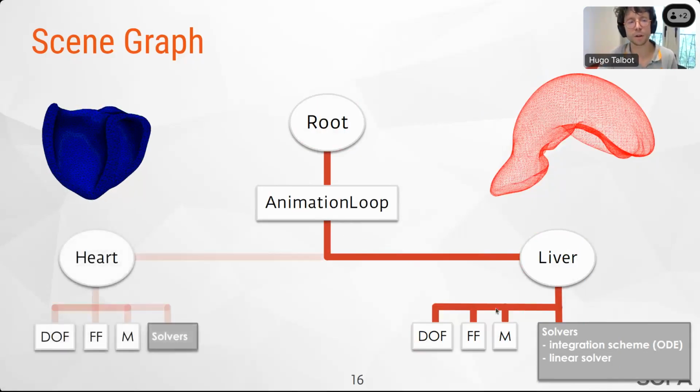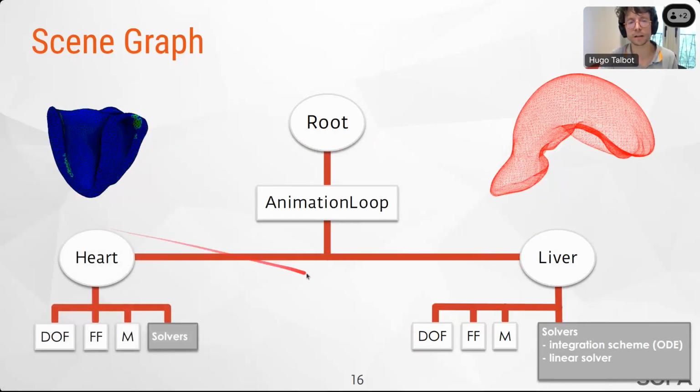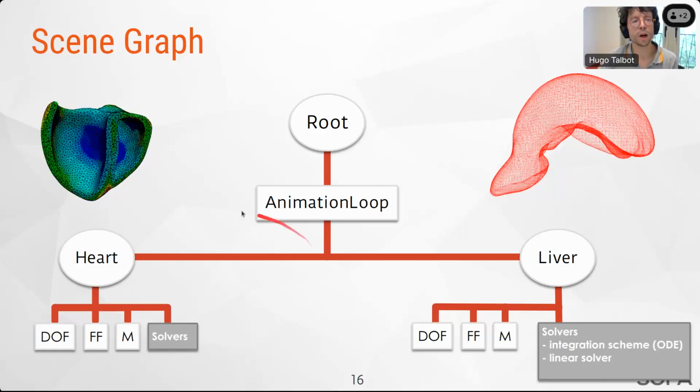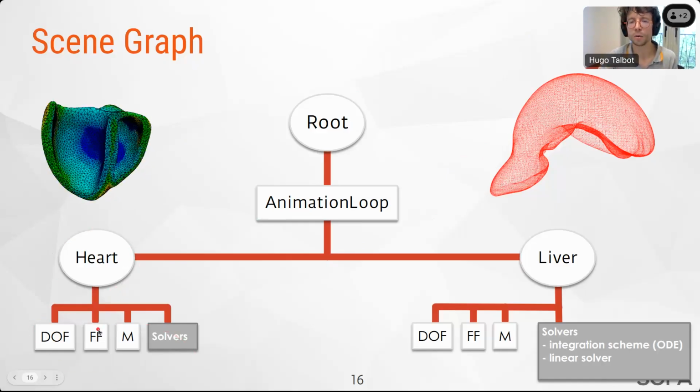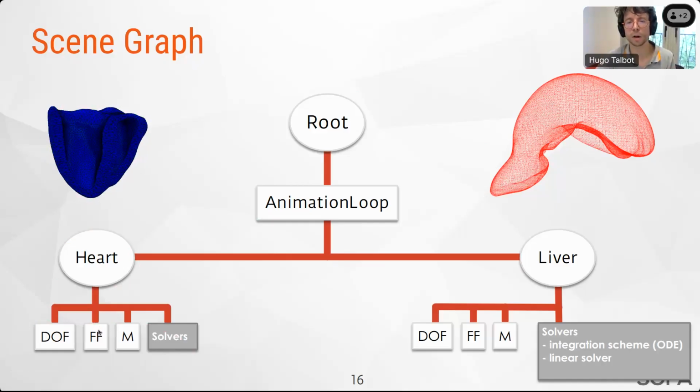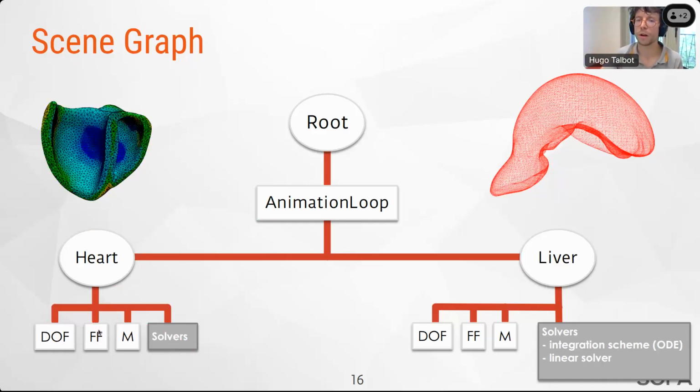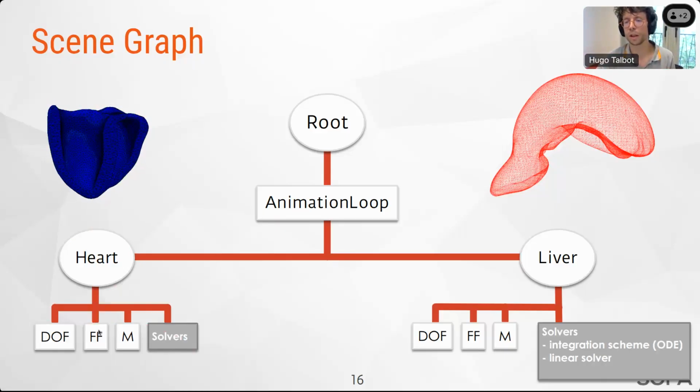And if we have another object like the beating heart here, or any other possible object, for instance, a surgical tool or a cable or whatever, you would have another subnode, itself including a set of components describing how to simulate and what are the properties to simulate this second object, and so on and so forth. This is the scene graph structure that we follow in SOFA.